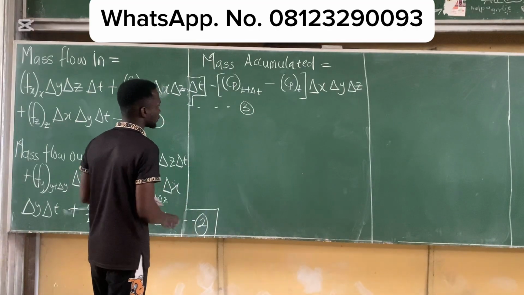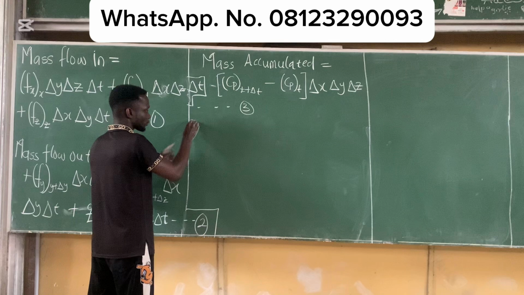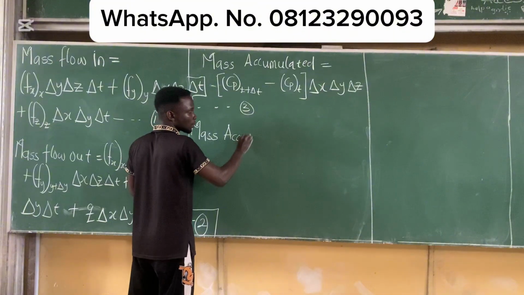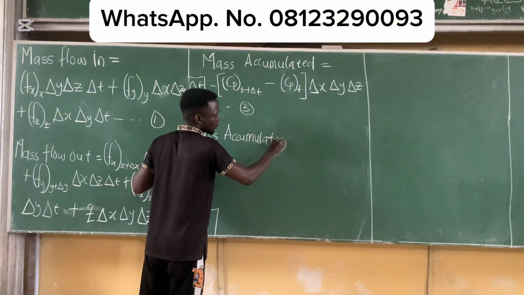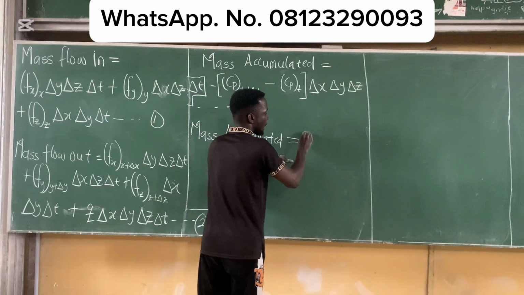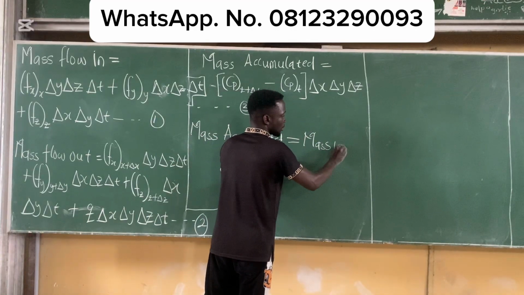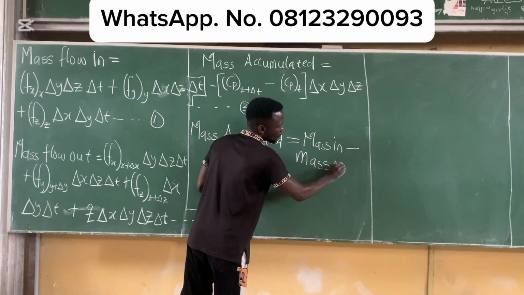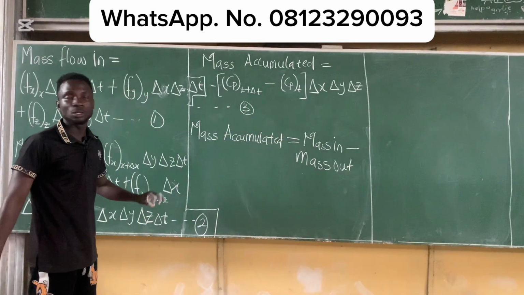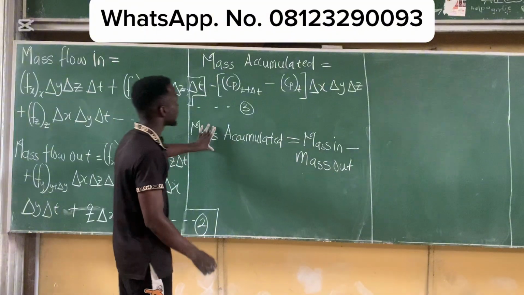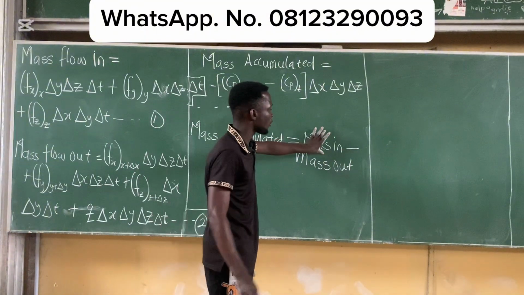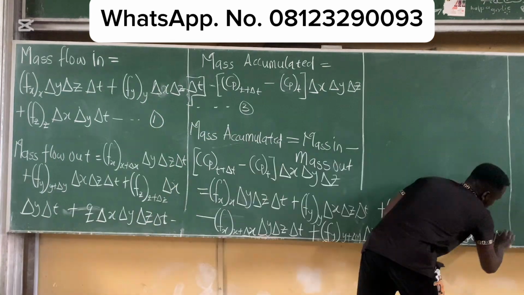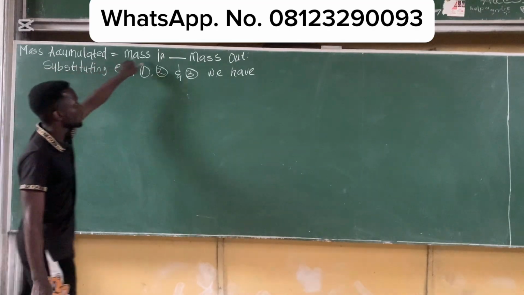So what was our equation star? We said our equation star was mass accumulated is equal to mass in minus mass out. So if we are to substitute the equation of mass accumulated, the equation of mass in, and the equation of mass out into this particular equation, remember we said mass accumulated is equal to mass in minus mass out.